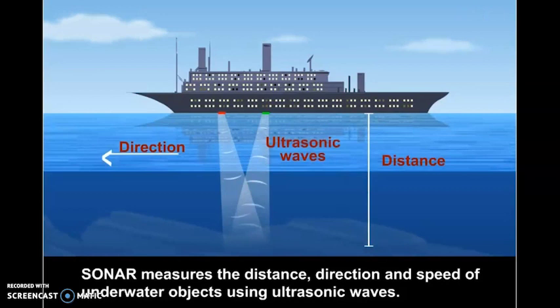Here you can see the ship. There are 2 points given, a red mark and a green mark, under the ship. So ultrasonic sound waves can be used to find the distance, the direction, and also the speed of underwater objects.